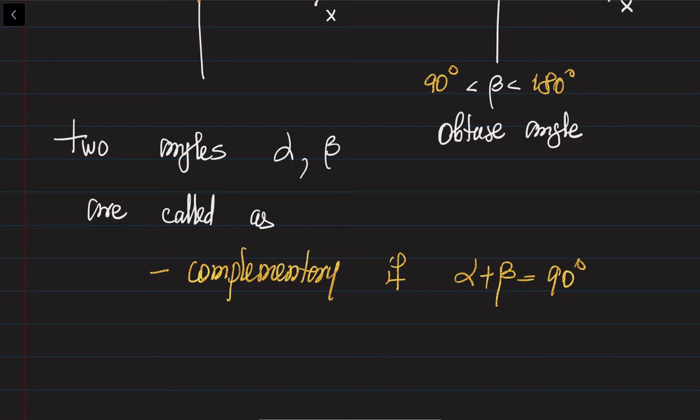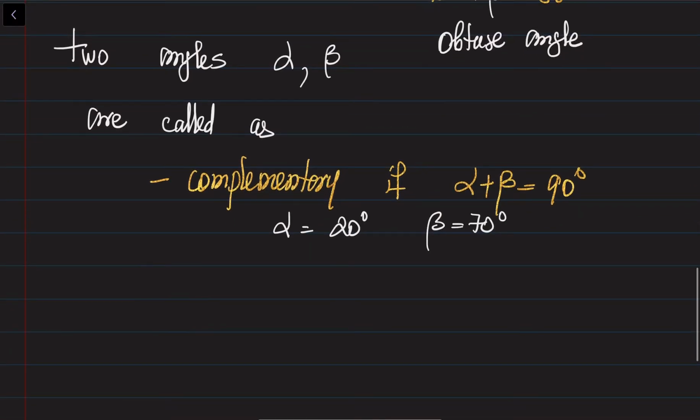For example, if alpha is equal to 20 degrees and beta is equal to 70 degrees, then they are complementary angles. And if alpha is equal to 7 degrees, could you please tell me what its complementary angle is? You can tell me this is going to be 83 degrees because the sum makes 90 degrees.